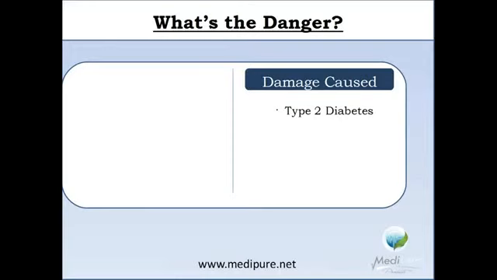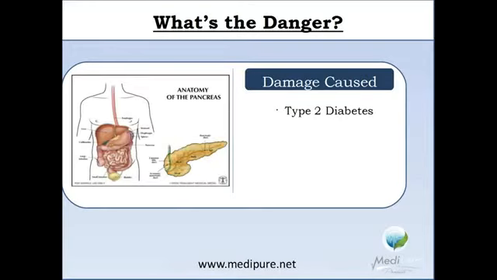As many of you probably are aware, type 2 diabetes occurs because there's a faulty regulation of insulin. Now, the pancreas itself is the organ that is responsible for regulating insulin in the body. And there are a lot of studies being done, particularly in Europe, showing that when there is an excess of fat surrounding the pancreas, it inhibits the pancreas from regulating insulin as it should.